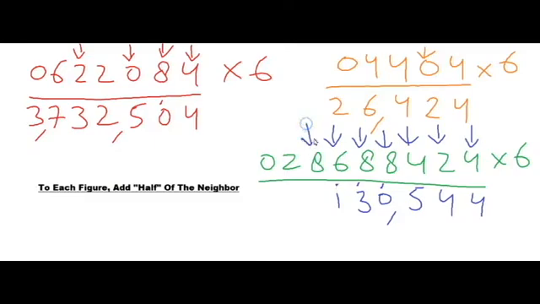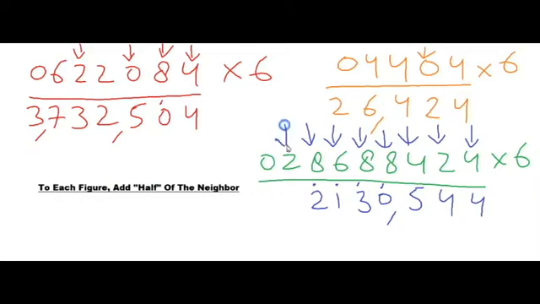And now this set, on purpose I took the big number so that you know there is no difference. You just, with the right amount of practice, you can just go as smoothly as with easy numbers. So this 8 plus half of neighbor is 3, so 8 plus 3 is 11, plus this dot is making it 12, so we'll put dot 2.